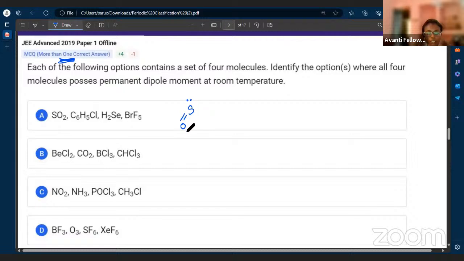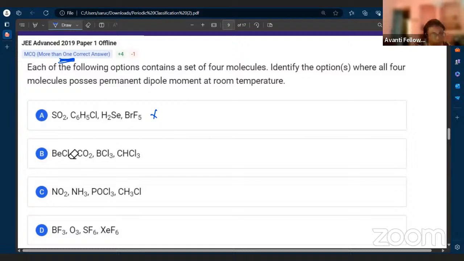Sulfur has the lone pair. So, can I say that it is symmetric? No, it is not symmetric. A symmetric molecule should not contain a lone pair. If it has a lone pair, then it will show a dipole moment. So it doesn't show symmetry here.